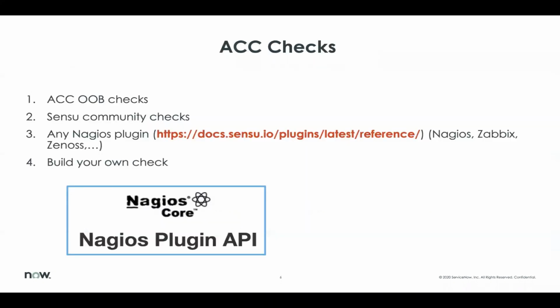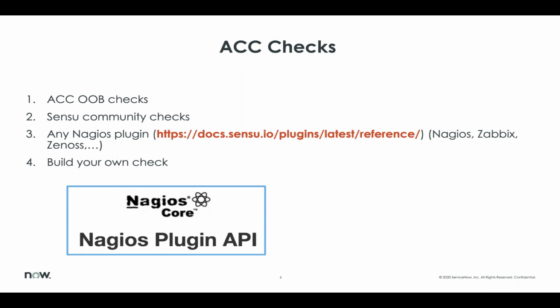Okay, there are out-of-the-box checks. Another thing to note here is this thing, Sensu. If you've not heard of this term before, the check technology that we have is called Sensu, and Sensu is an open source plugin. It's an open source community of checks and monitoring, and that's what we're basically deploying.